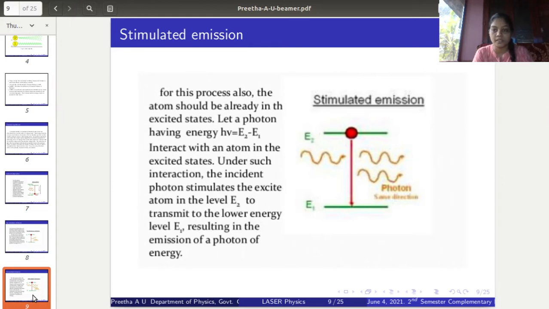So you have already seen what is induced absorption and spontaneous emission. Now the next topic is stimulated emission.